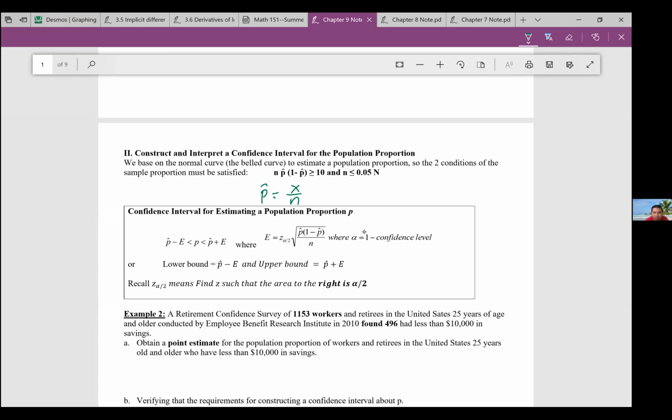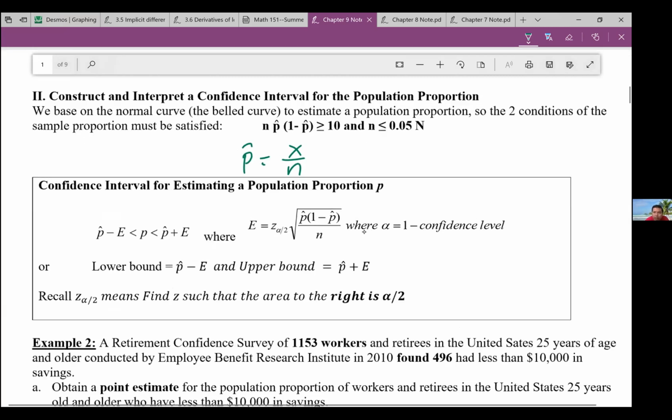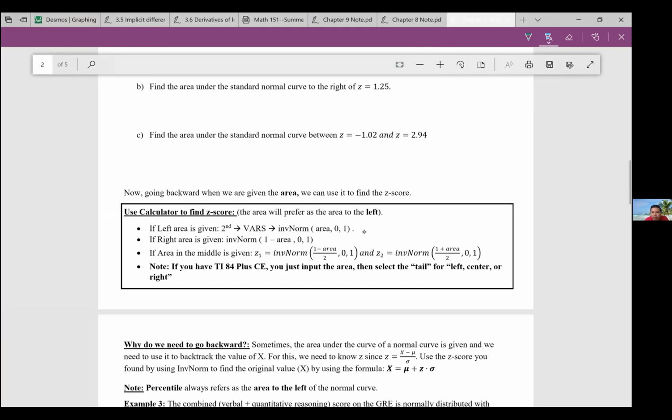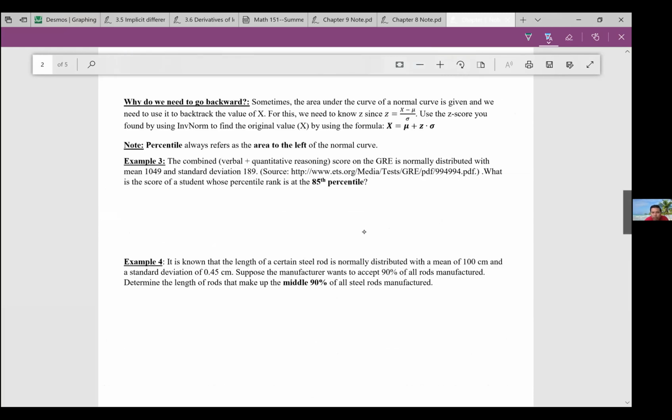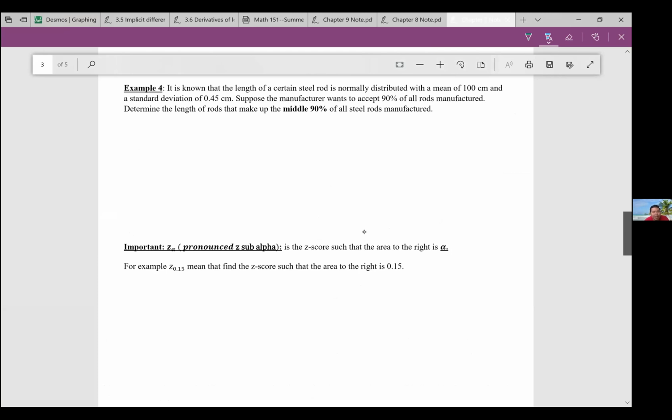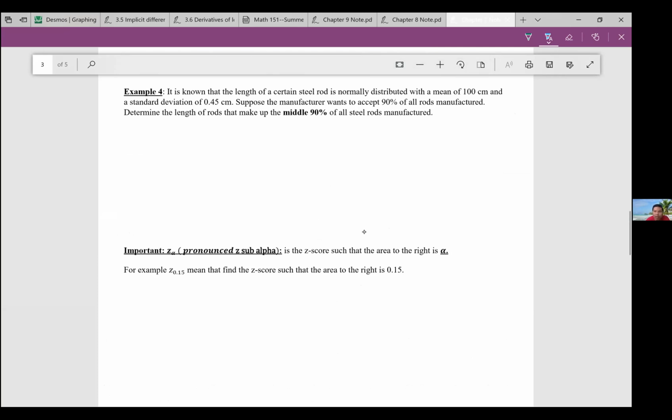All right, so now you see the appearance of z alpha over 2. If you go back to the very last page of chapter 7, remember z alpha from yesterday? Z alpha tells us that we have to find the z score such that the area to the right is alpha.